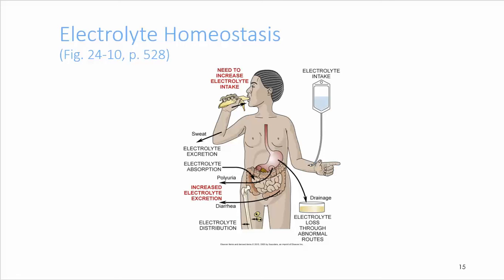Now, in the previous section, we talked a lot about sodium, and sodium is an electrolyte, but there are other ones: potassium, magnesium, calcium, various things like that, and they all have their homeostatic imbalances.